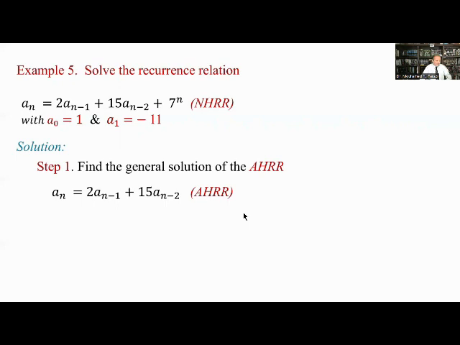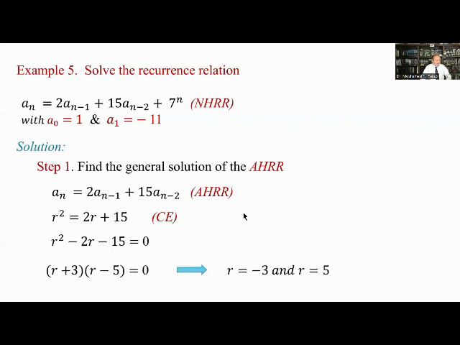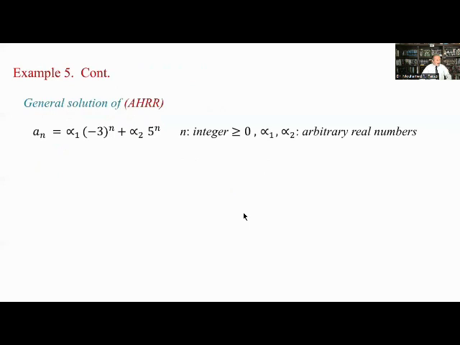And again, as explained well in my previous video, you first write the characteristic equation and solve it. You find 2 roots, in this case -3 and 5. So the general solution of the associated homogeneous recurrence relation is alpha 1 times (-3) to the power n plus alpha 2 times 5 to the power n.